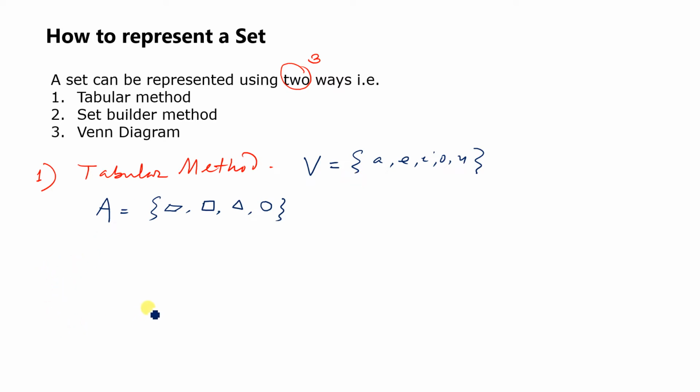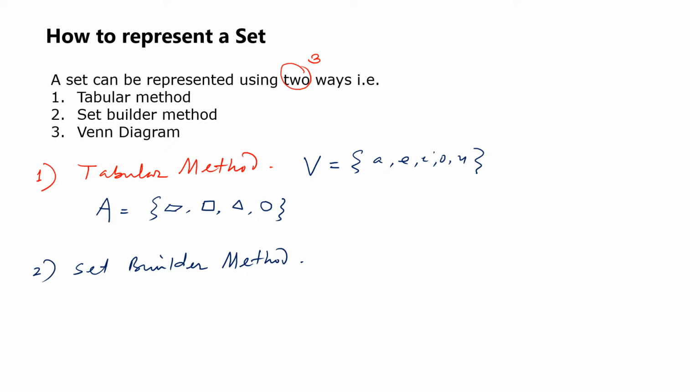The second one is the set builder method. So what is the set builder method? Here we define a set by using language, by using some sentence, and using some logic.